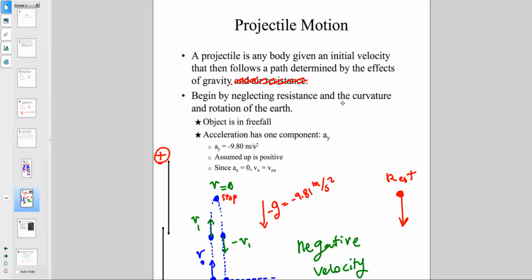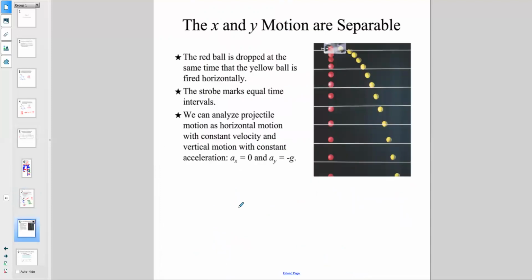The projectile motion along the y direction is always a free fall. Okay? So take a look at this. We have x and y motion when it comes to two dimensions, so in projectile motion. So along the y direction, it's always a free fall. So the red ball here is freely falling, but the yellow ball is doing a projectile motion.